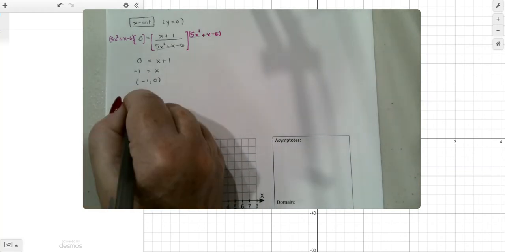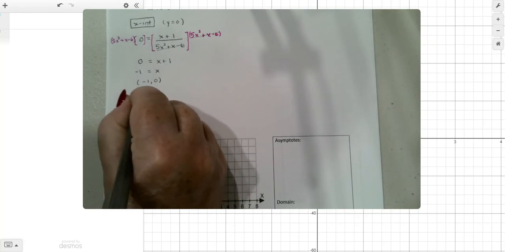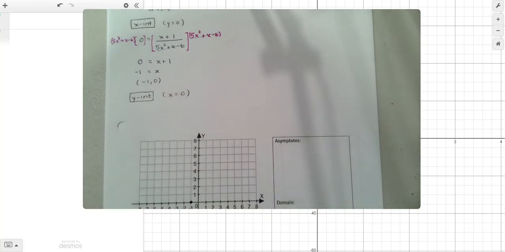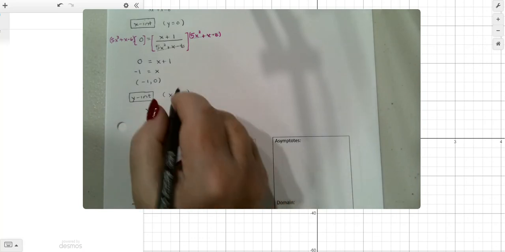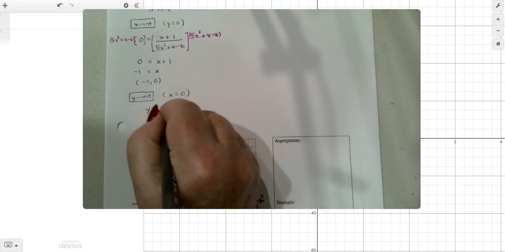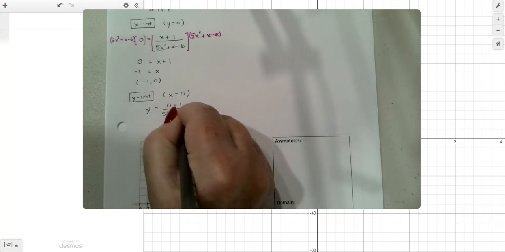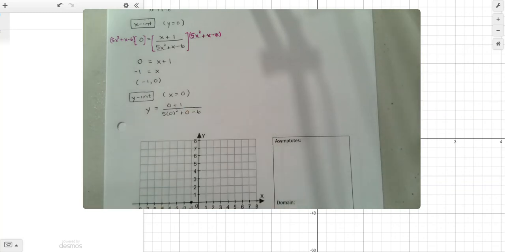Let's do the y-intercept as well. For the y-intercept, we plug in x equals 0. So y would be 0 plus 1 over 5 times 0 squared plus 0 minus 6.